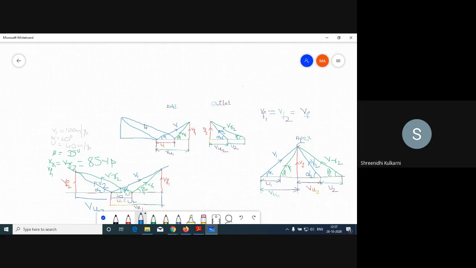This is VR2, this is V2, and this is VF2. This velocity triangle I have written here, so this is the common base. If you have any doubt about the outlet velocity triangle, you can ask.